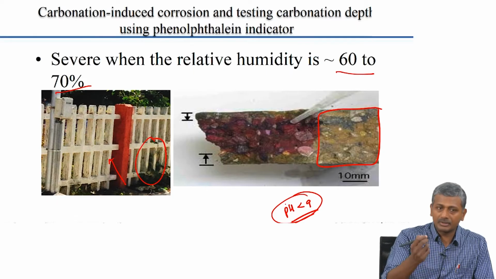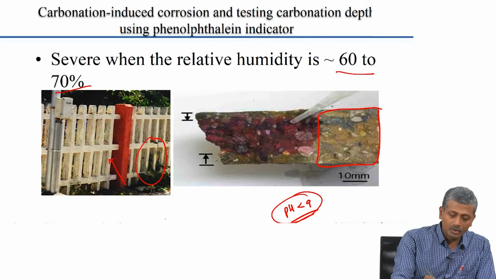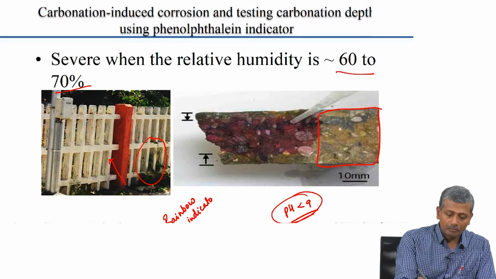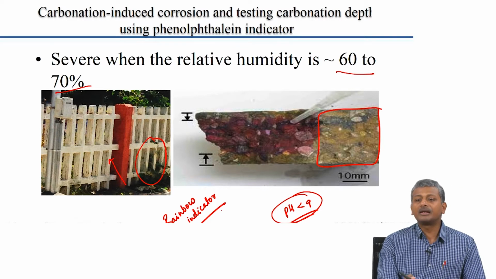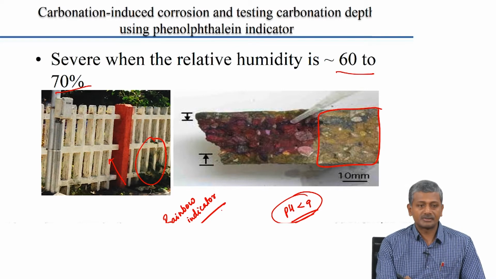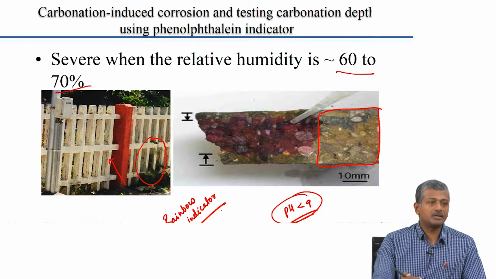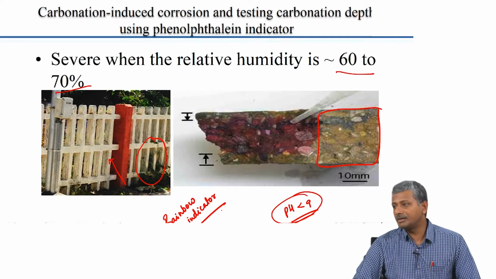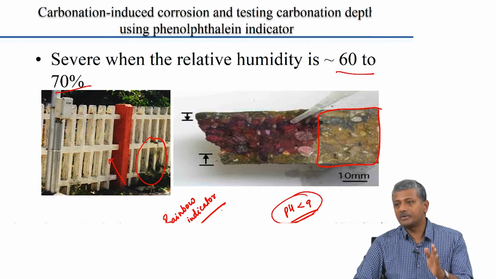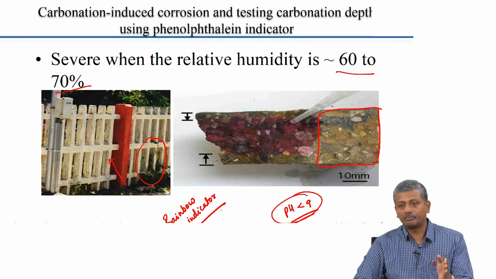So, today many people use what is known as a rainbow indicator. Now, as the name implies, a rainbow indicator will indicate different colors for different pH levels. So, you can actually track the carbonation front into the concrete by detecting minute changes in pH by a factor of 0.5 and so on.